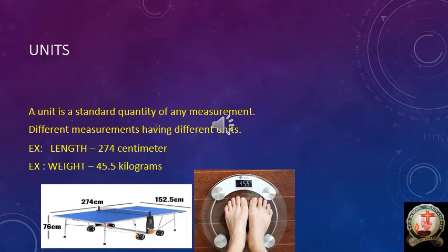So weight is the measurement, 45.5 is the number, and kilograms is the unit of that weight. So here weight is the measurement, kilograms is the unit of the weight. These are examples of units.